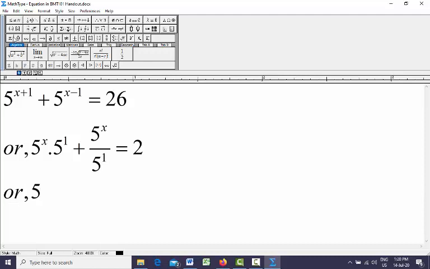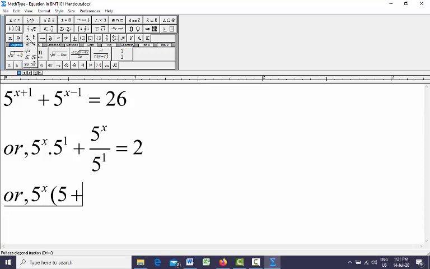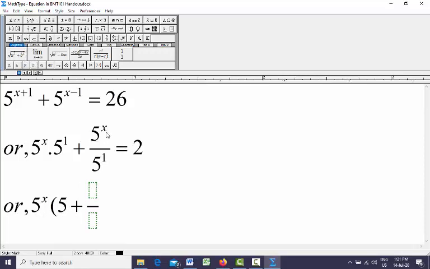If you take 5 to the power x common, then we have here 5, because 5 to the power 1, you don't need to write power 1, so you can just write 5, plus we have already taken 5 to the power x common, so here we will have 1, and then here we will have 5 to the power 1.